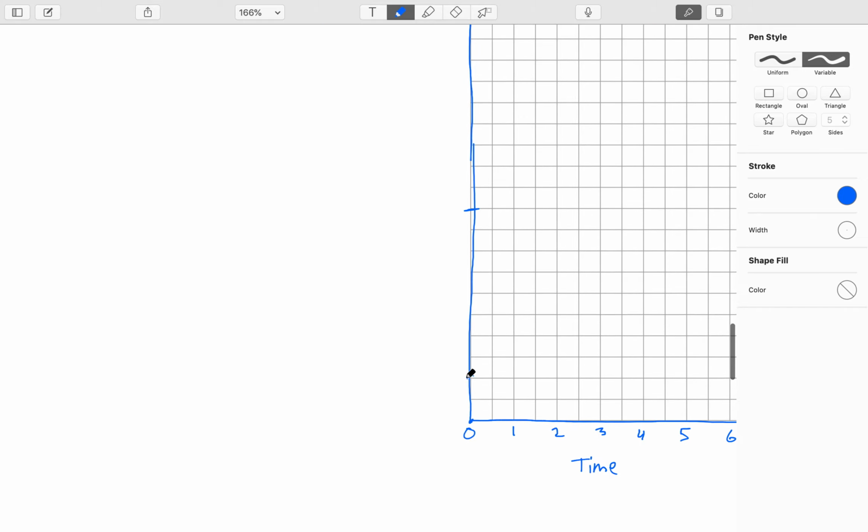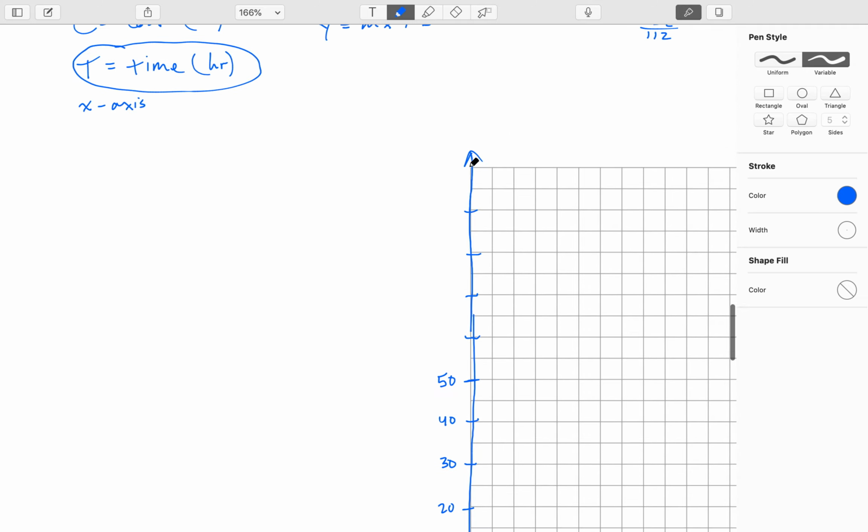I'm going to count by 10, 20, 30, 40, 50. Hopefully this will work. There's $50. Okay, and then I'm just counting by 2. 60, 70, 80, 90. There's 100. Okay, so I don't know if I'm going to be going for a full 8 hours, but let's just see.